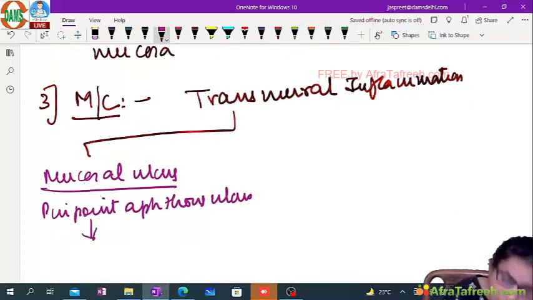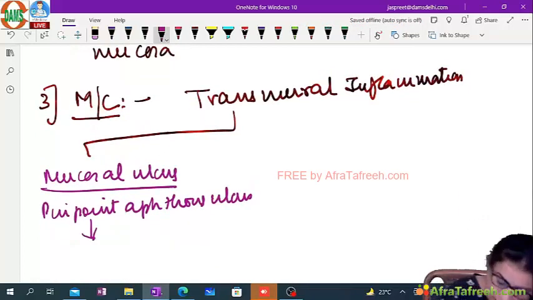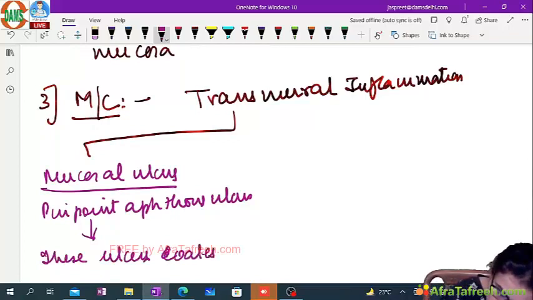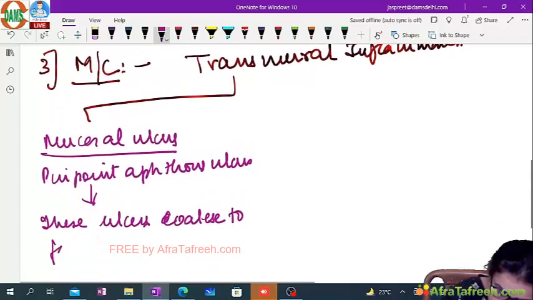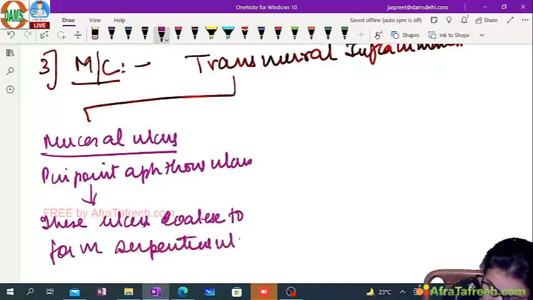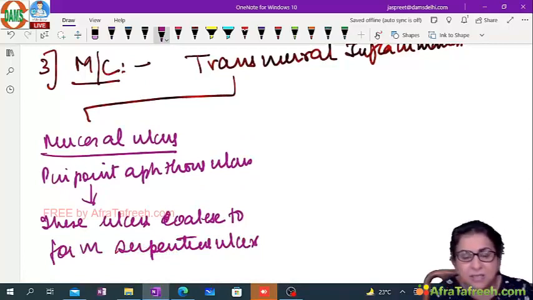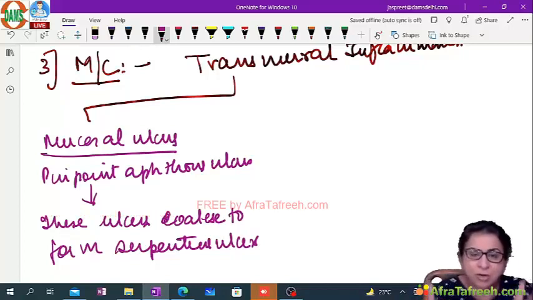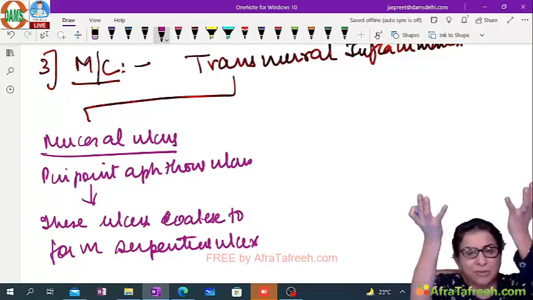And then these ulcers coalesce to form serpentine ulcers, tiny snake-like ulcers. The ulcerated area will be depressed, will go downward, and the normal mucosa will protrude up.